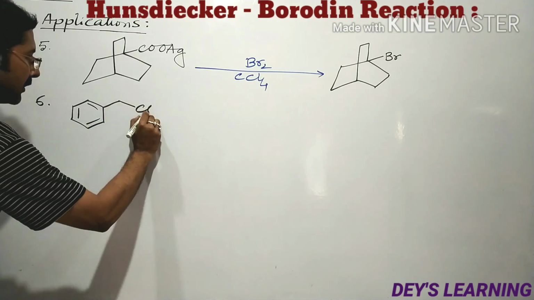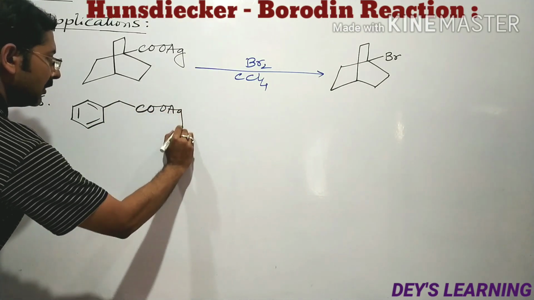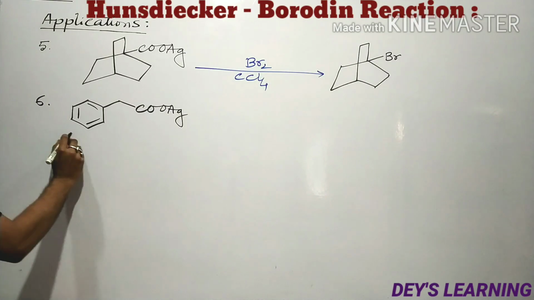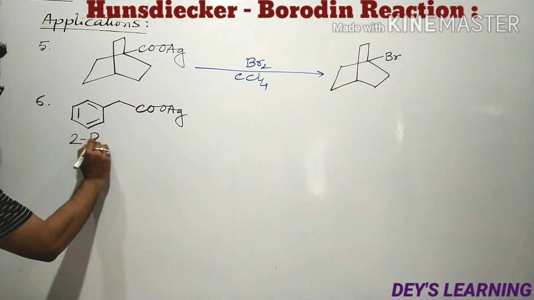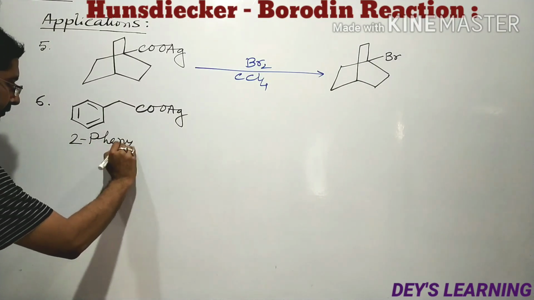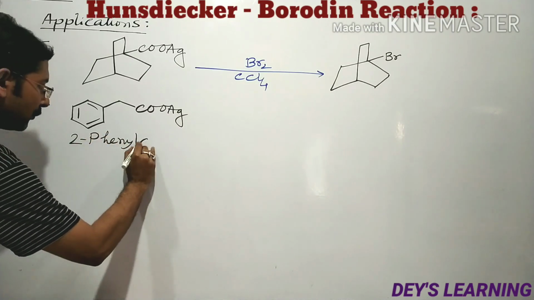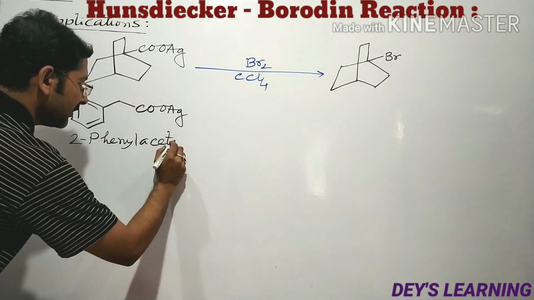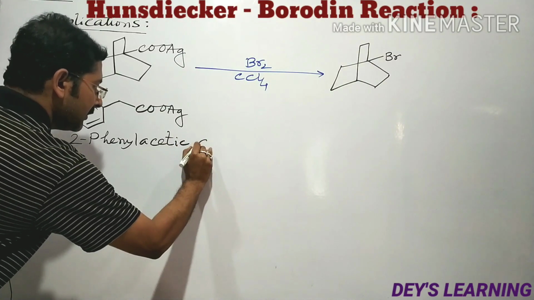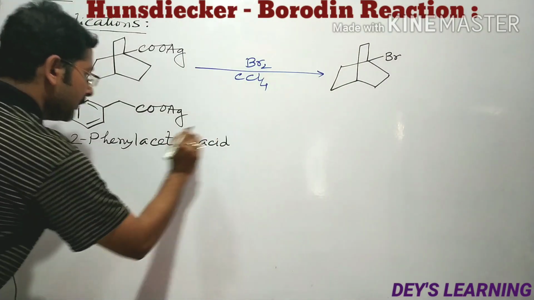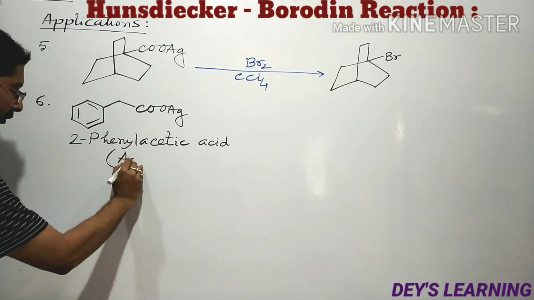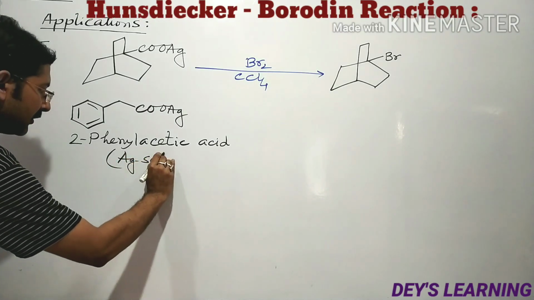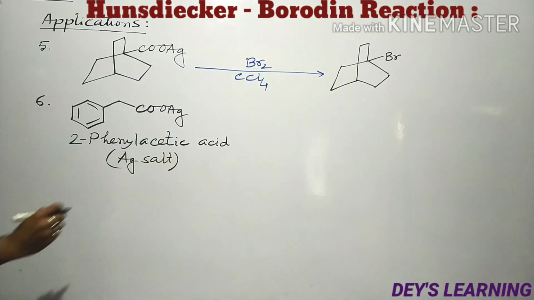Okay, next one, if you take this molecule, this one is 2-phenyl acetic acid, of course the silver salt of 2-phenyl acetic acid.